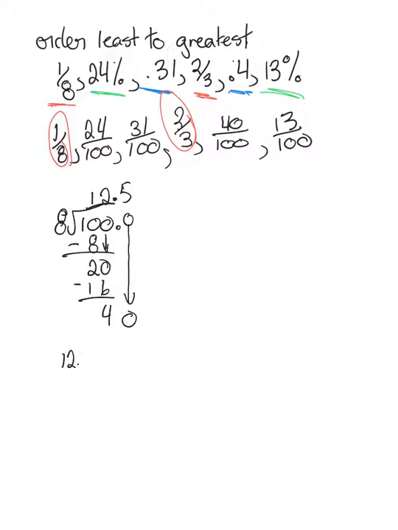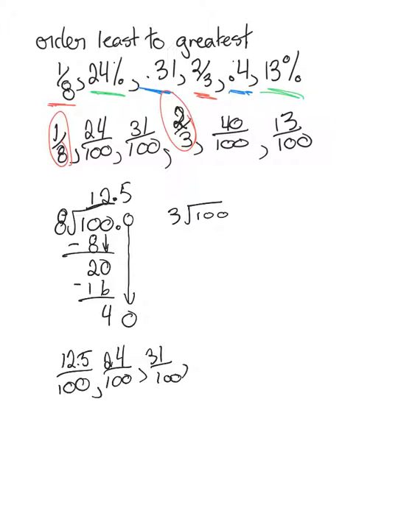So 12.5 over 100, 24 over 100, 31 over 100. Oh, now we ran into this problem again. 2/3. Let's do the same thing we did with the 8. 3 goes into 100. 3 goes into 10 3 times.